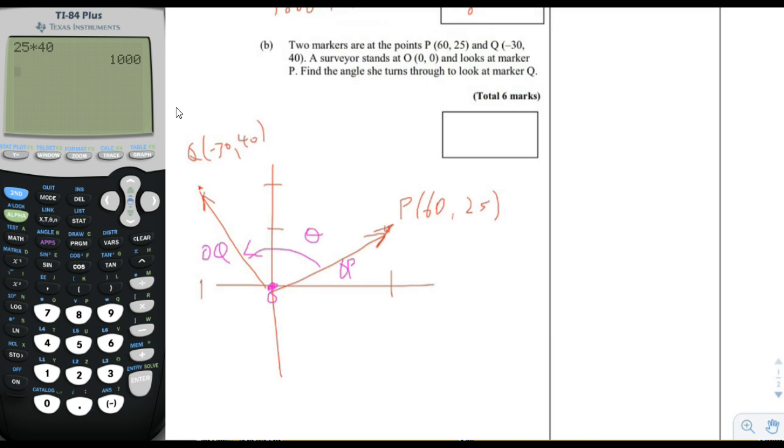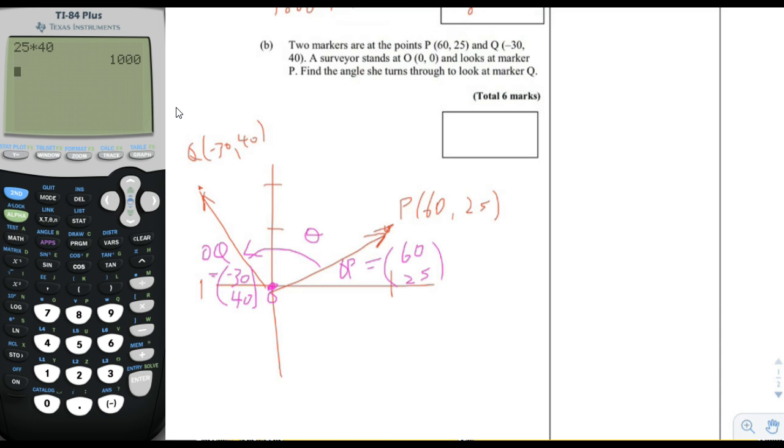The x component and y component of OP and OQ are the exact same numbers as you find in the coordinates for P and for Q. You just write them vertically instead of horizontally. Okay, so now we have OP and OQ. And how do we find the angle between those two?